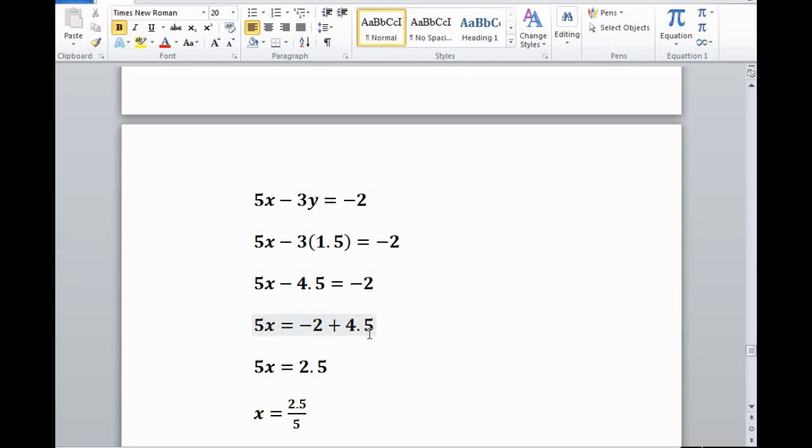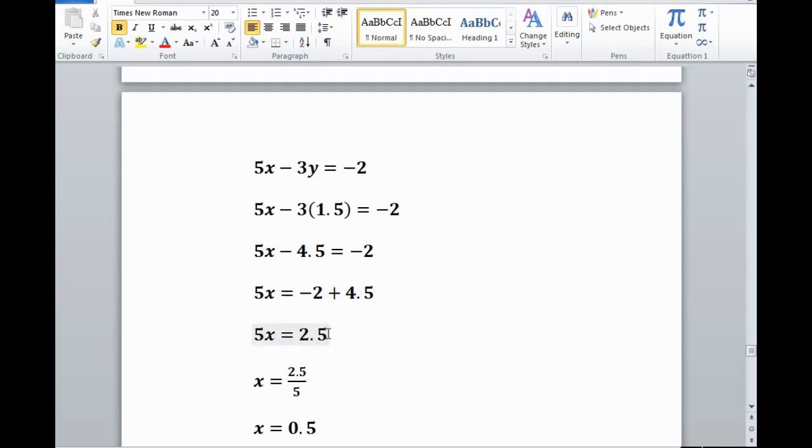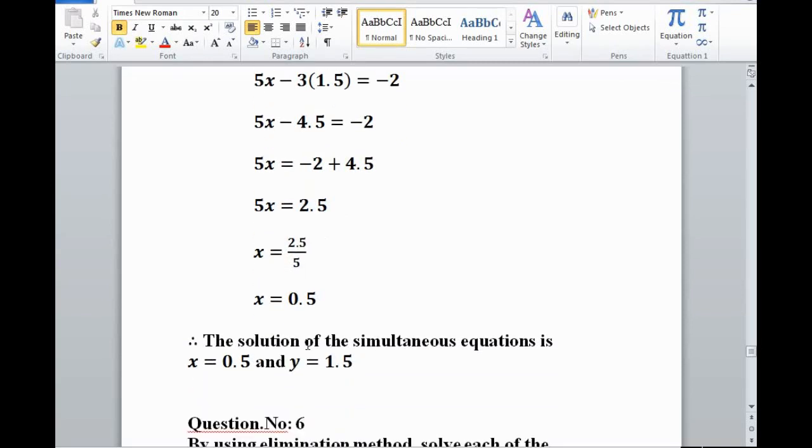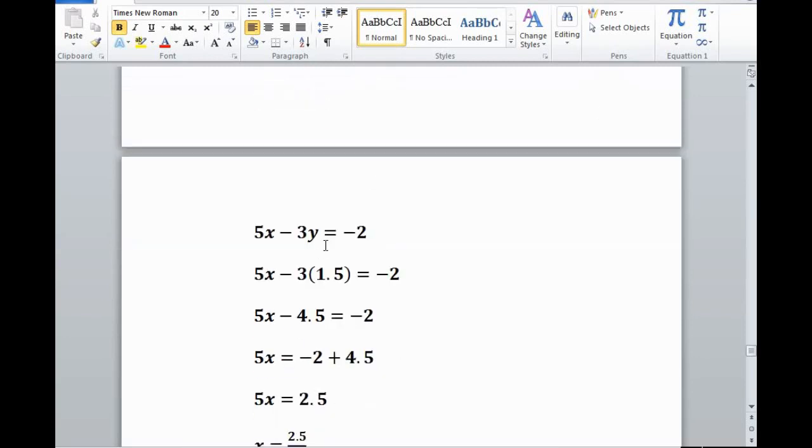Now negative 2 plus 4.5 is positive 2.5 because we will subtract 2 from 4.5. And now to find x, let's take this 5 from left to the right side. So this equation becomes x equals 2.5 upon 5. And if you divide 2.5 by 5, you will get x is equal to 0.5. So therefore, the solution of the simultaneous equations is x is equal to 0.5 and y equals 1.5.